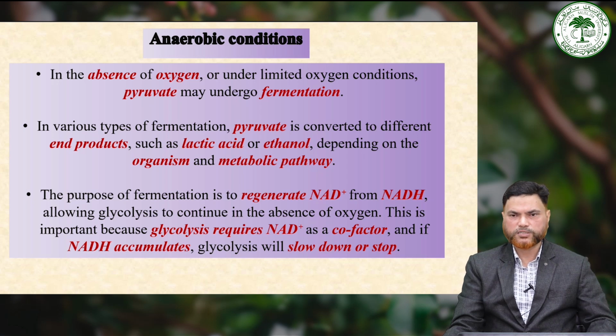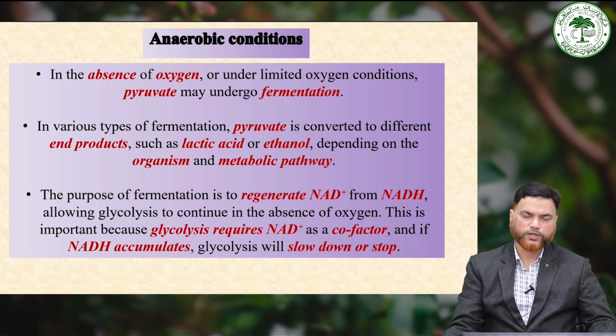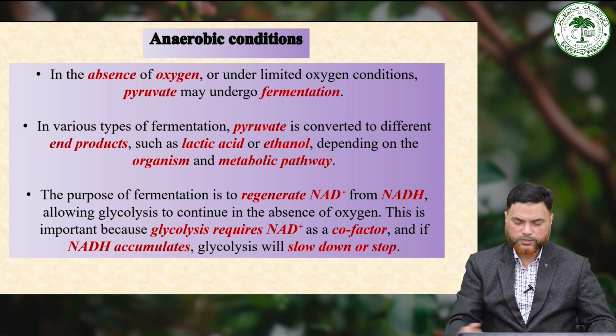Basically, this fermentation serves the purpose of regenerating NAD from NADH, which is crucial for sustaining glycolysis in the absence of oxygen. NAD is an essential cofactor for glycolysis, and the accumulation of NADH can impede or halt the process of glycolysis. So, this is also very crucial.